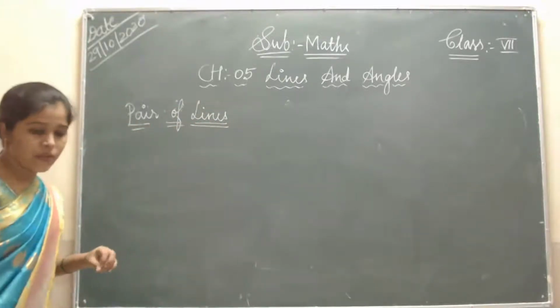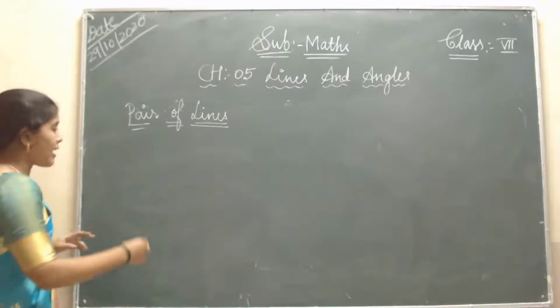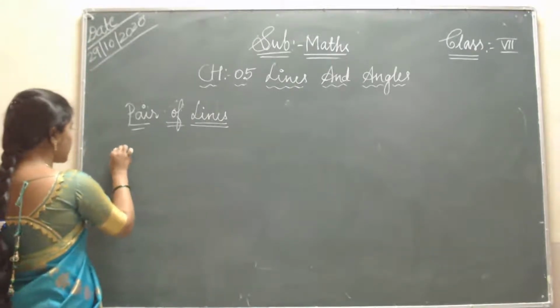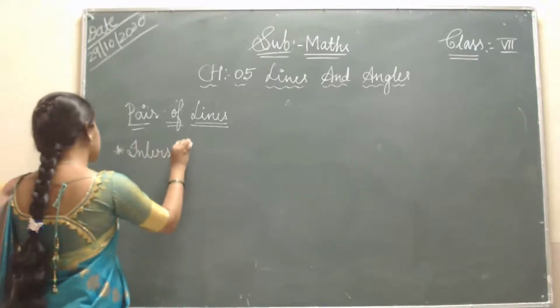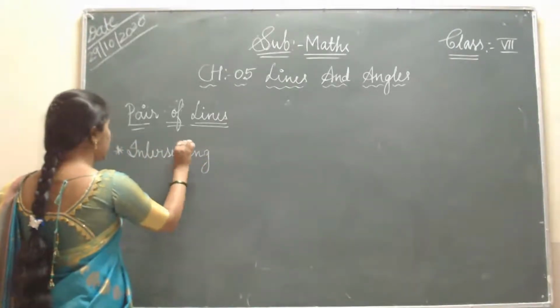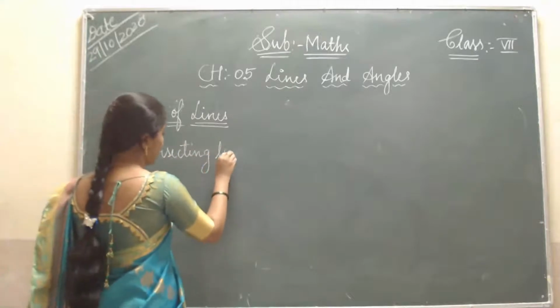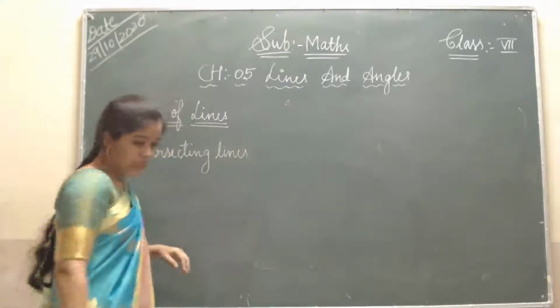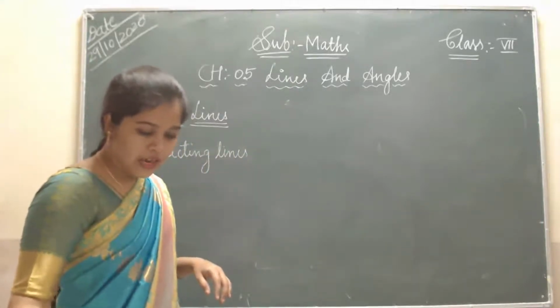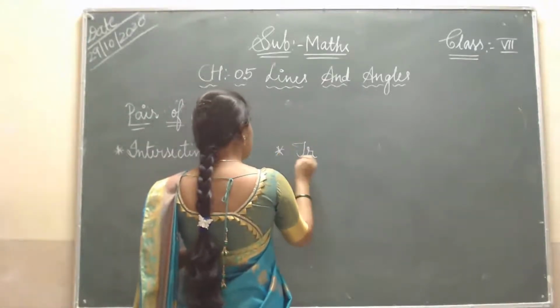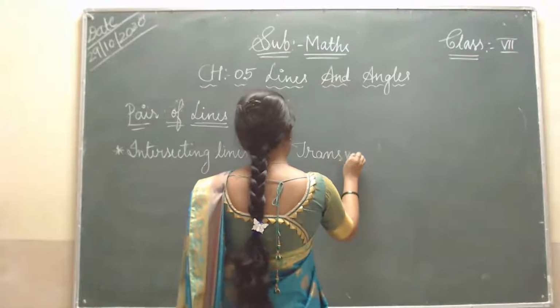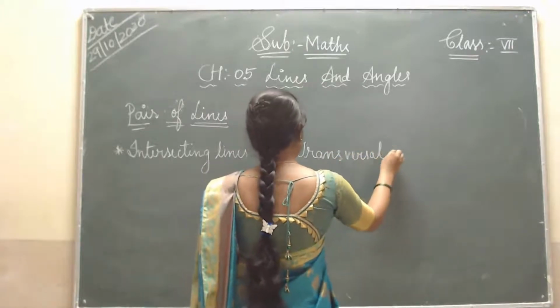So in this, first intersecting lines and transversal line. In this first one, intersecting lines. Next, the second one, transversal line.